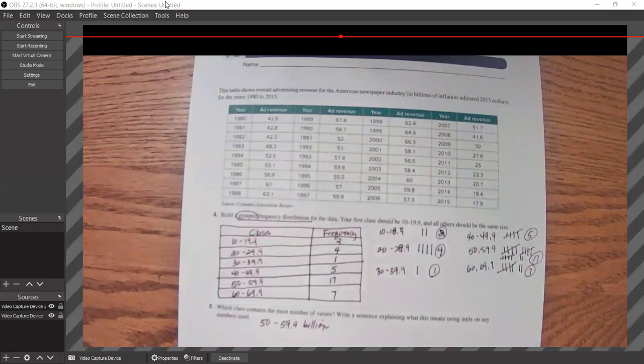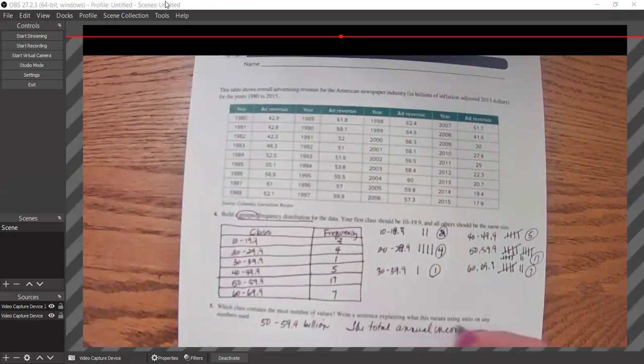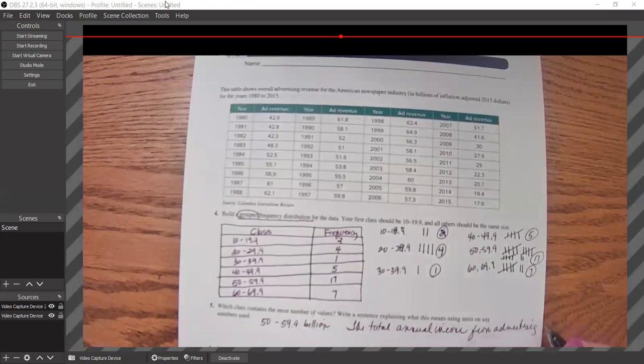So this would mean something like the total annual income from advertising was between 50 and $59.9 billion.